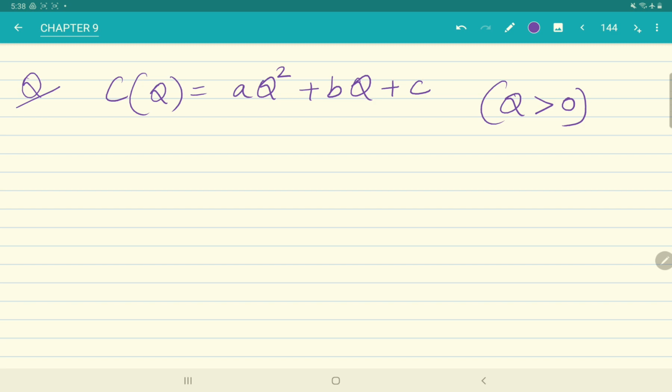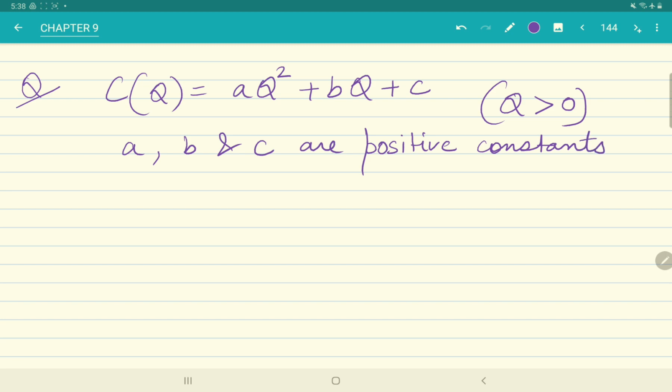One very important point: a, b and c are positive constants.